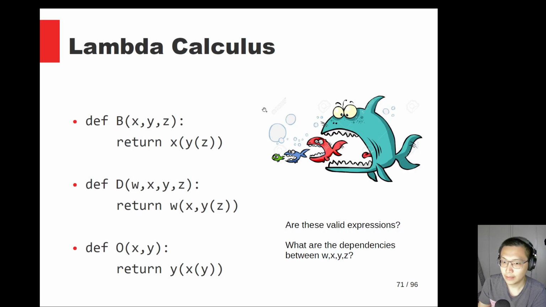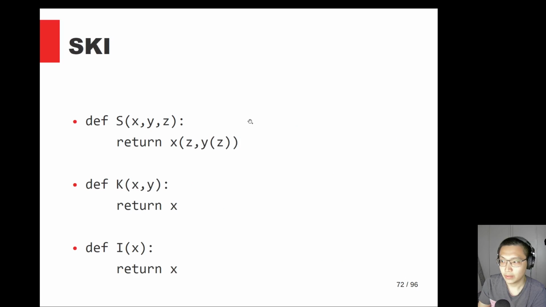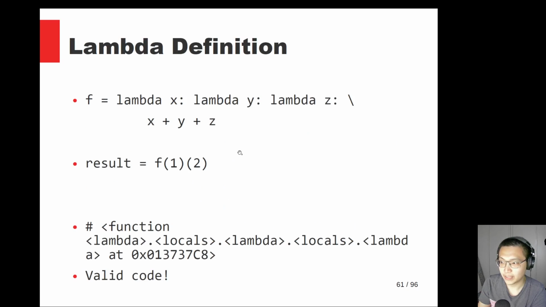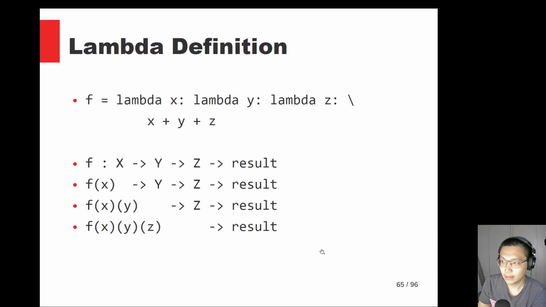In fact, three of these are quite important: the SKI, where S, K, and I are defined as such. Let me rewrite this SKI in lambda notation, where, as mentioned before, I want to use the lambda definition so that I can have partial application.